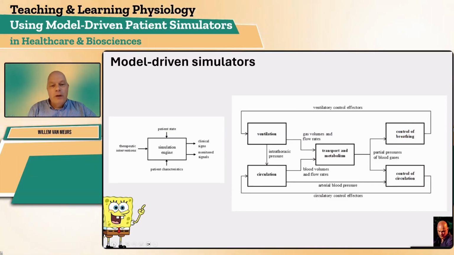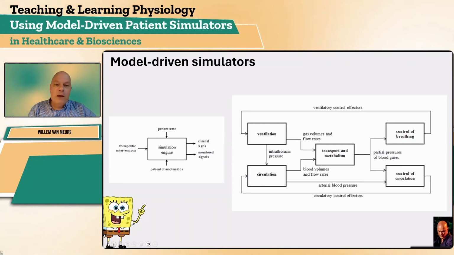So when I look at a patient or a simulator, I observe clinical signs like cyanosis and monitored signals like invasive blood pressures. And if these variables, these quantities, can change spontaneously, and if they go out of range for what we consider normal for a patient, we have to do something to this patient.